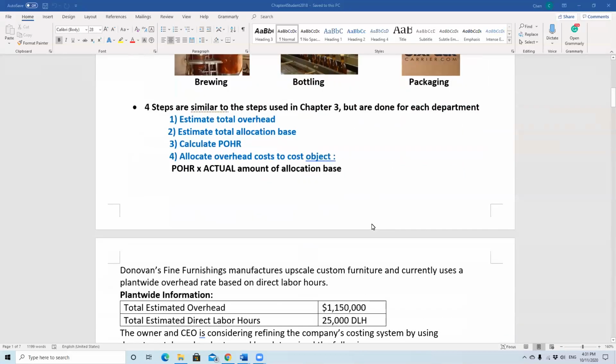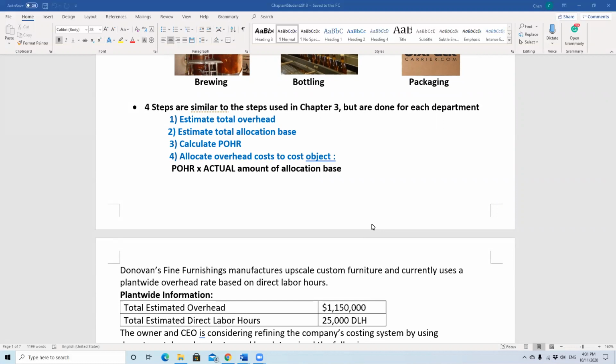So in order to do activity-based costing, we also have these four steps as we did in Chapter 3. First, the formula is the same. Predetermined overhead rate is equal to total estimated overhead divided by the total estimated allocation base.